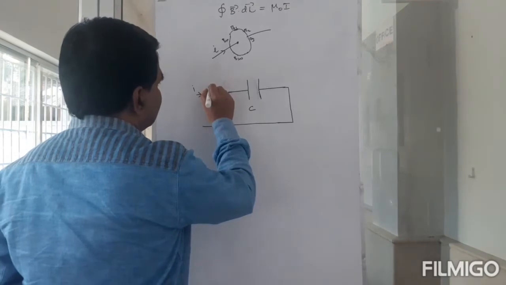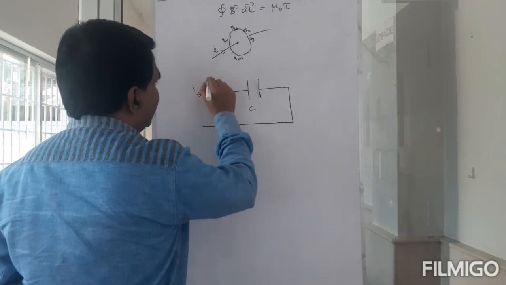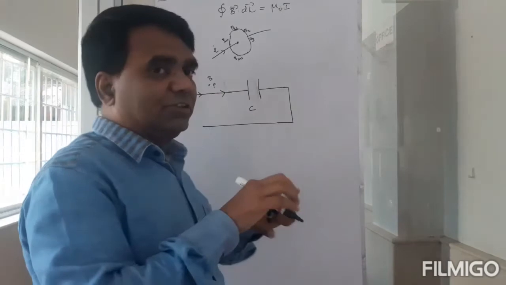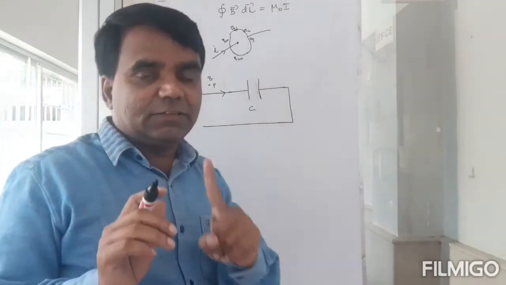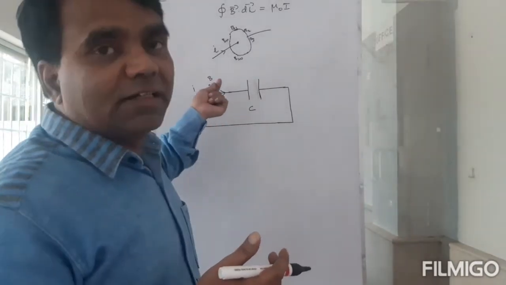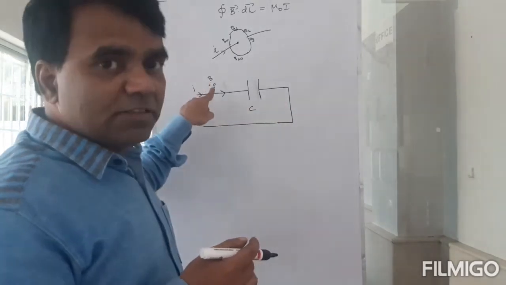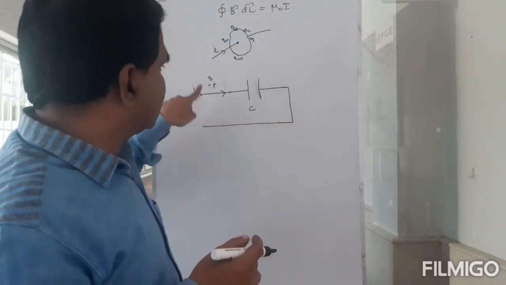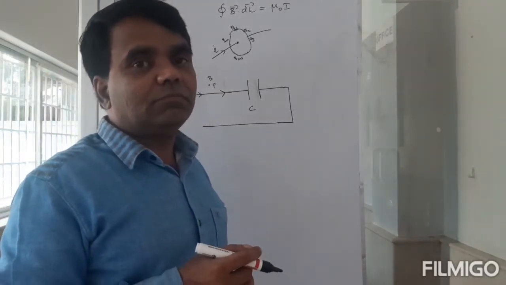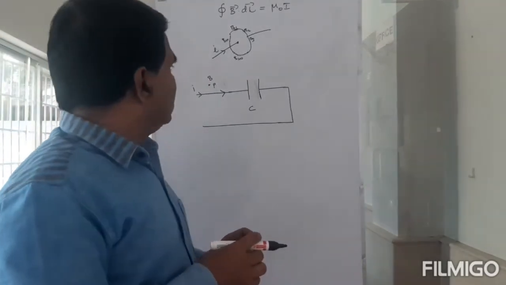Suppose I want to find the magnetic field at this point P. Now I want to find B at this point. Right now it is getting charged. It is not done charging. Remember that. If it is done charging, then there will be no current. If there is no current, there will be no magnetic field. But now it is charging. As it is charging, there must be a current. Since there is a current, there must be a magnetic field at that point in time. Okay. Now, let's see.